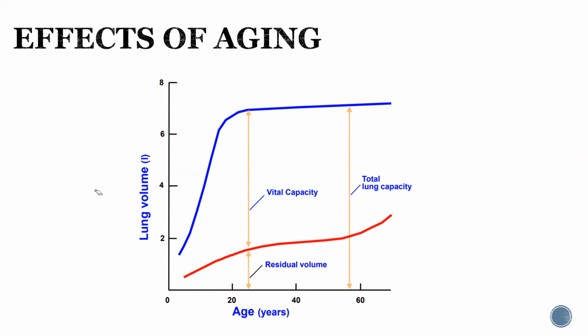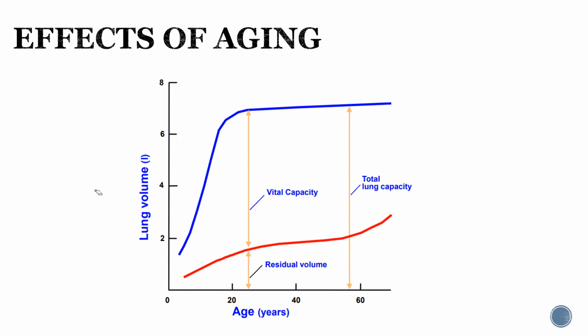Basically what this graph is saying is that in the first years, 0 to 20, there is an increase in residual volume and also vital capacity. But after age 20, total lung capacity evens out to a sort of plateau.